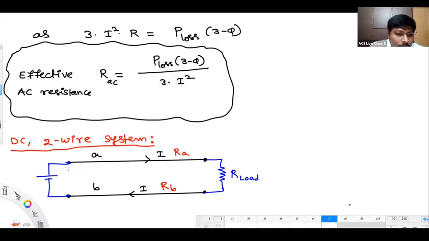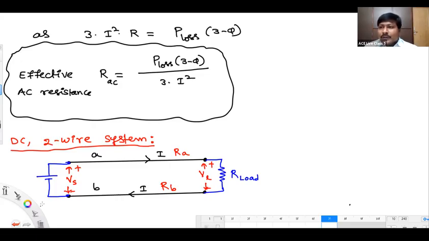See, we have some input voltage here, the source voltage, you can say Vs. And it's a load voltage, you can call it VL. Source voltage and load voltage. See, in this particular DC two-wire system, we are going to talk about what is the loop resistance of the system, or what is circuit resistance, what is system resistance.